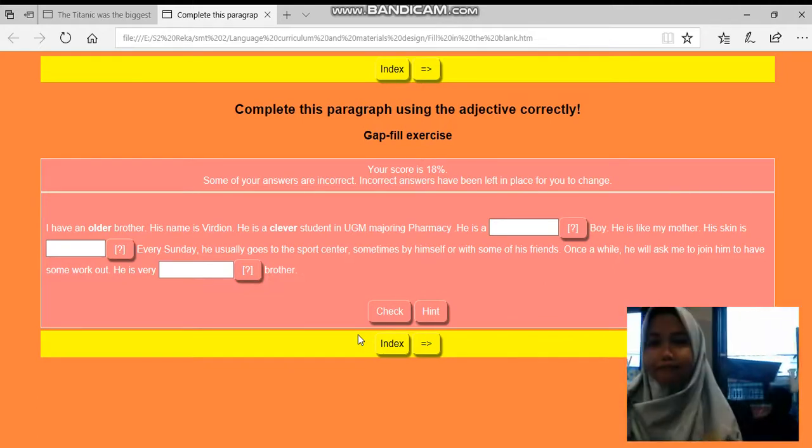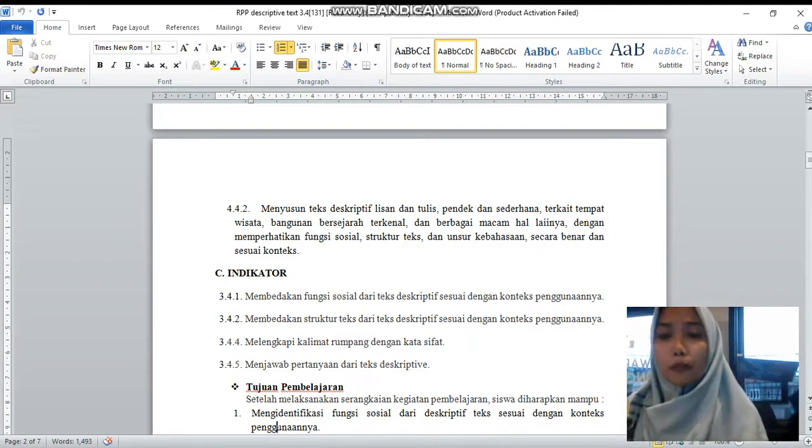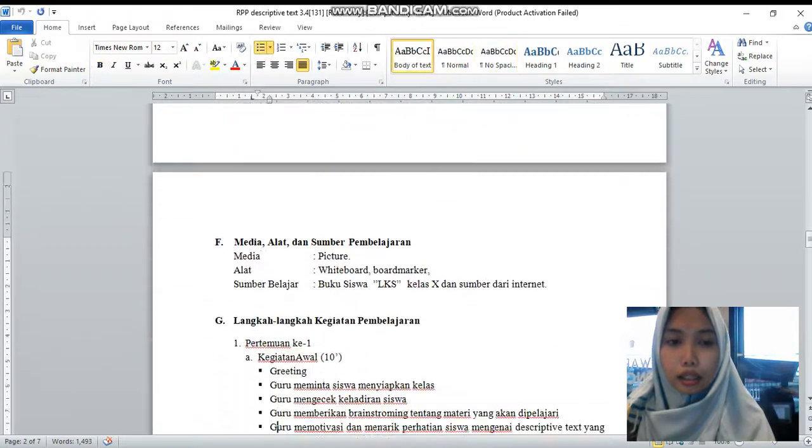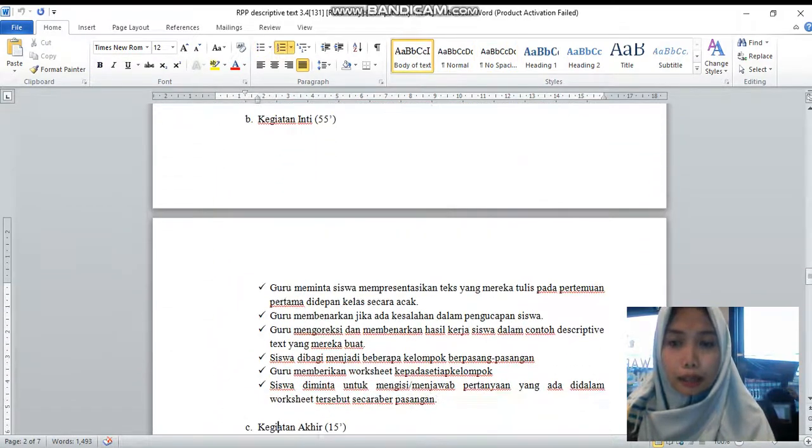Time is yours. Okay, now I will explain how the teacher gives scores for the student assessment. The first is when the student makes the descriptive text, with steps like in this table.